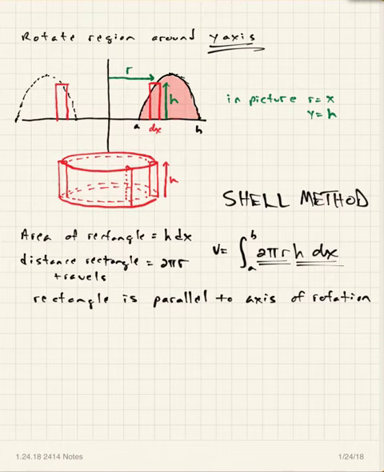All right, so I draw this representative rectangle in the region right in here, and this would be the rectangle down below in the picture. And as we rotate that around the y-axis, notice that I'm not generating a disk. What I'm generating is what we call a shell. And the shell has got a wall, right?